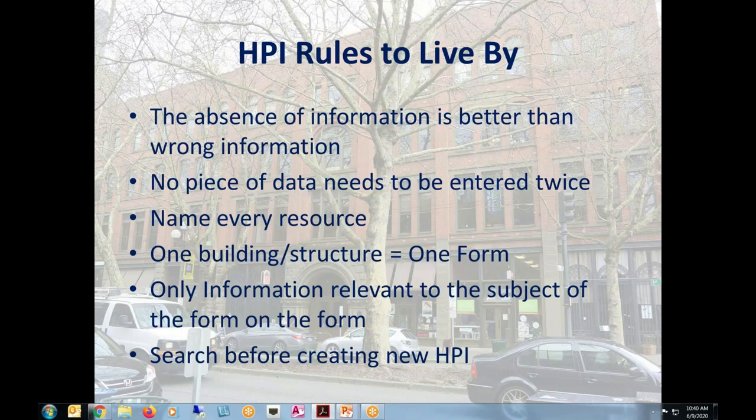I don't care if it is a generic name. It could be called commercial building, or it could be called residence, or it could be called library. If you don't know, it doesn't have a historic name, that is okay. Please name it. It's the first thing that people see when they pull up a form.